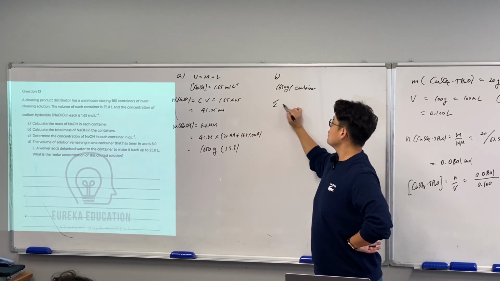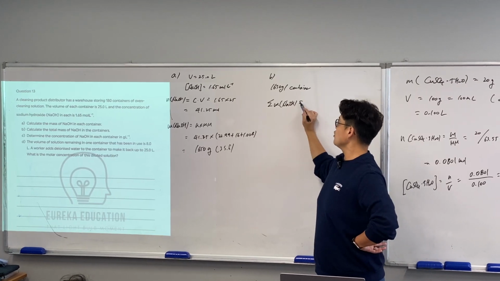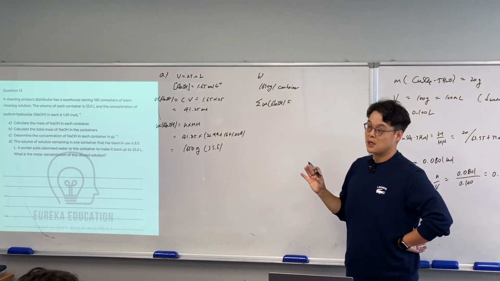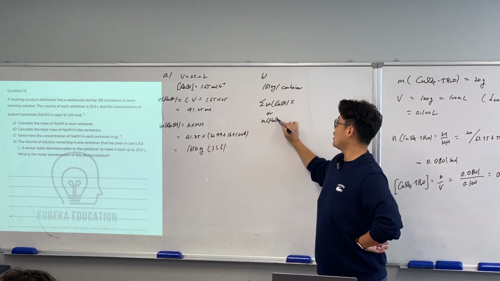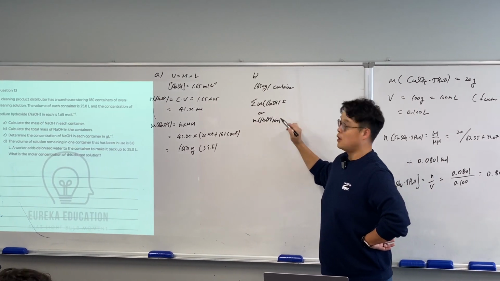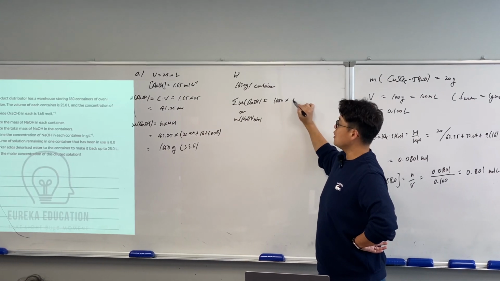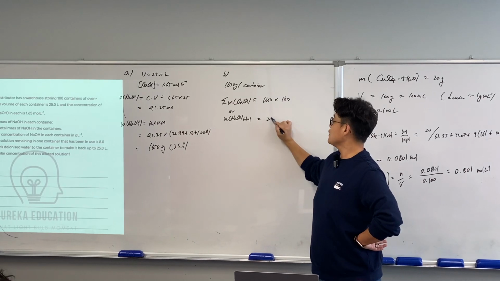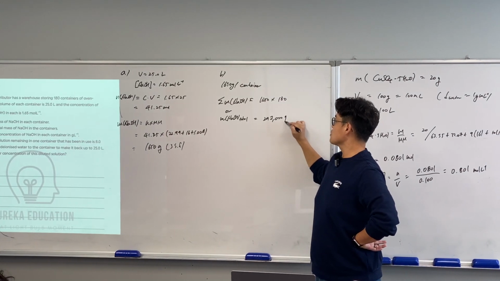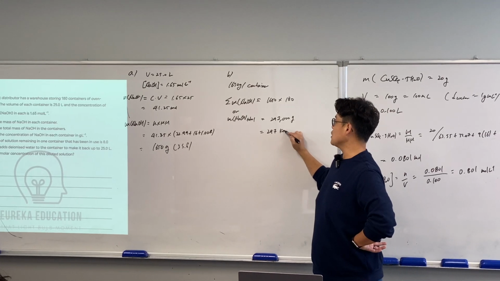So the total mass of the sodium hydroxide is simply 1650 times 180 containers. That would be 29700 grams. Approximately this is the same as 297 kg.